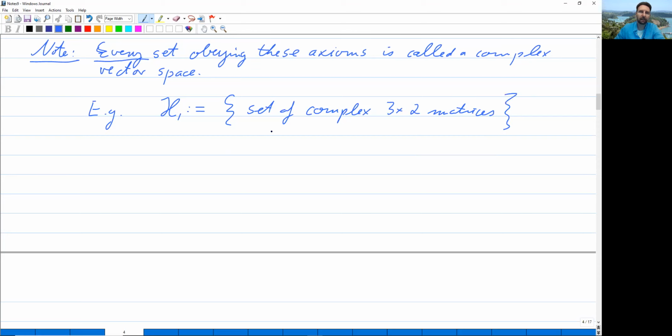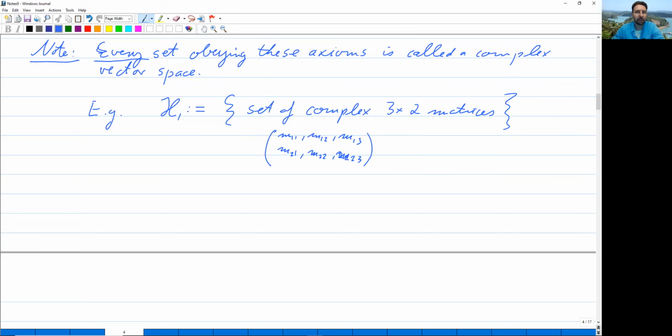So how do they look like? They look like this. We have here M11 is a complex number, then we have M12, M13, and then we have M21, M22, and M23, right? This is all complex numbers.